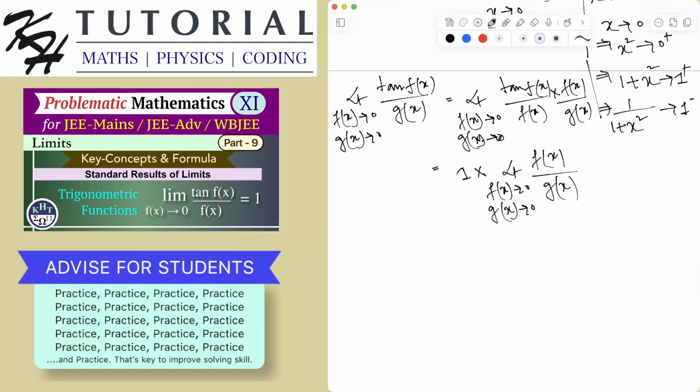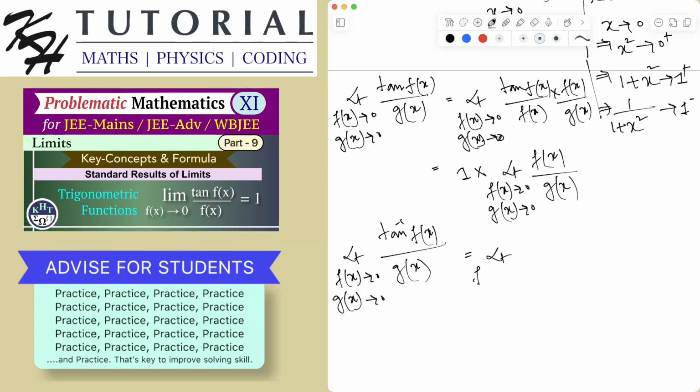Same is the case for tan inverse. So the limiting value, f(x) tending to 0, g(x) tending to 0, of tan inverse f(x) by g(x): I will create f(x) in the denominator and I will adjust it.